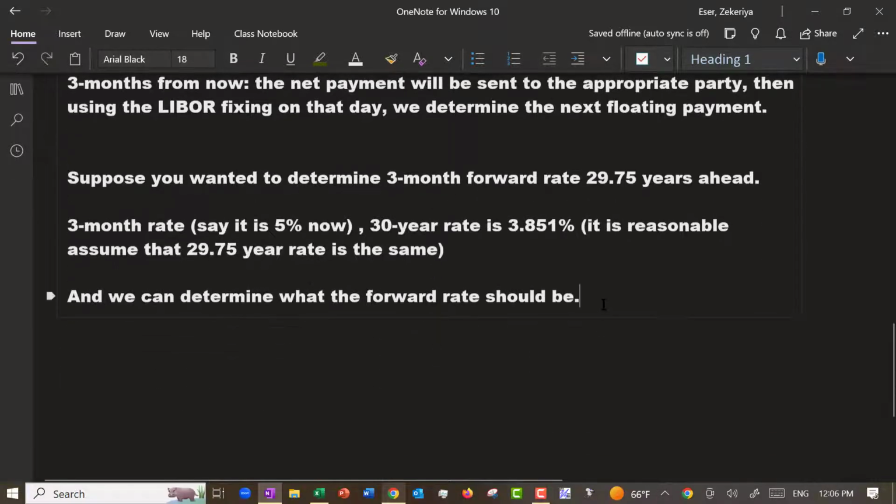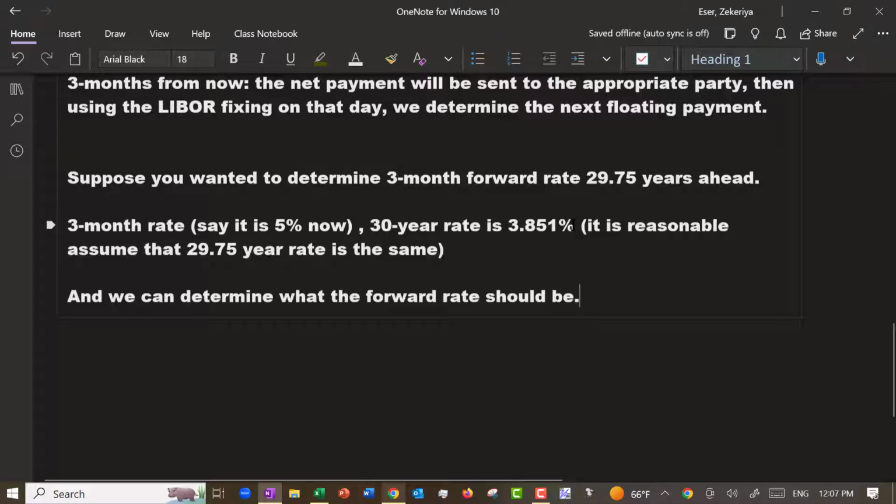Let me see. Yeah, you borrow for 30 years, then you reinvest it at 29.75.